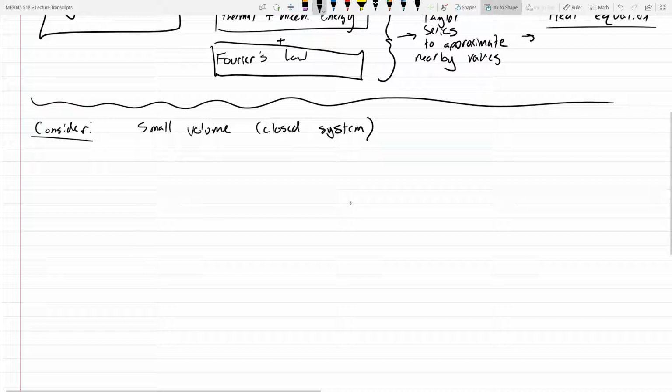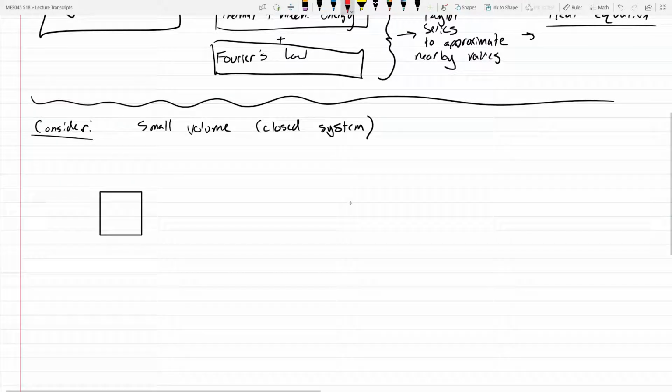We'll go ahead and draw our control volume around that system, and we'll let it have dimensions of delta x by delta y, and then some delta z into the page.